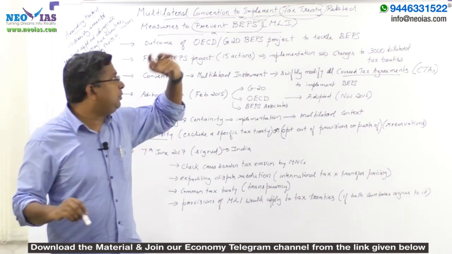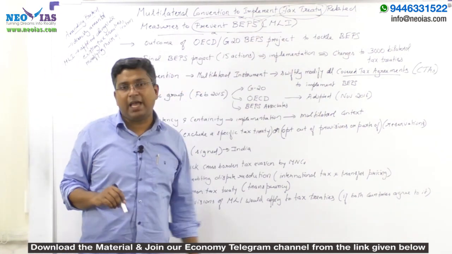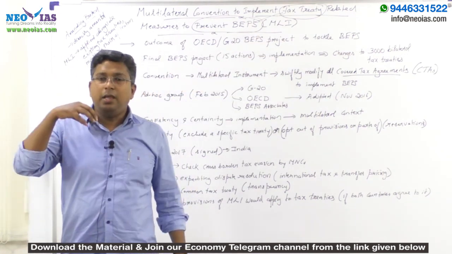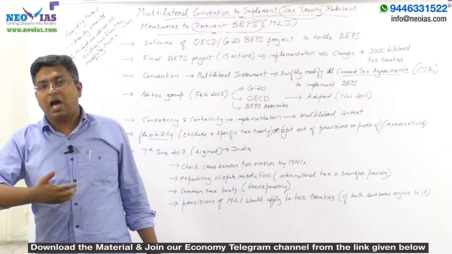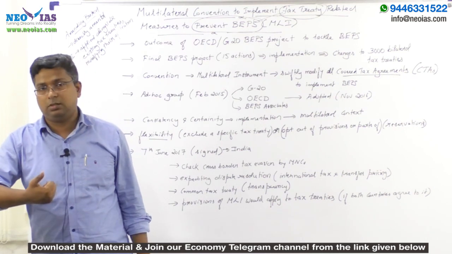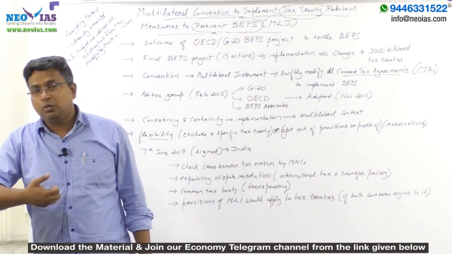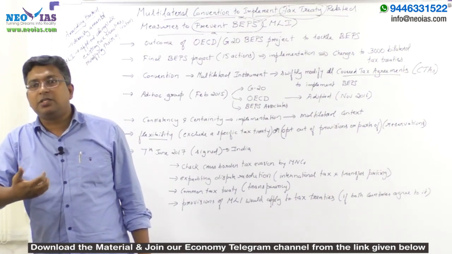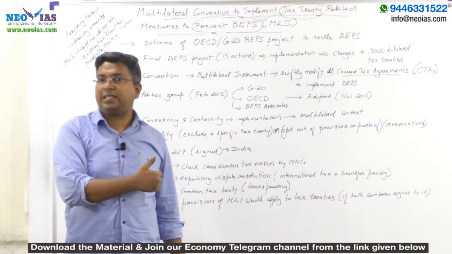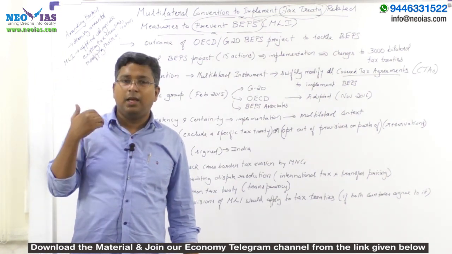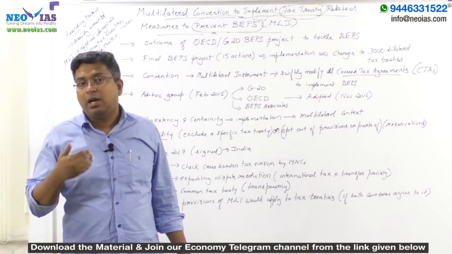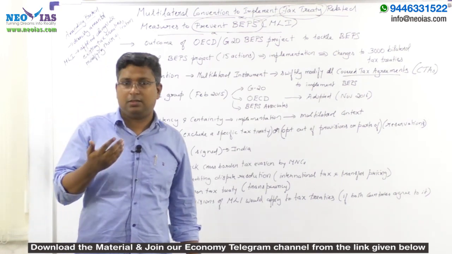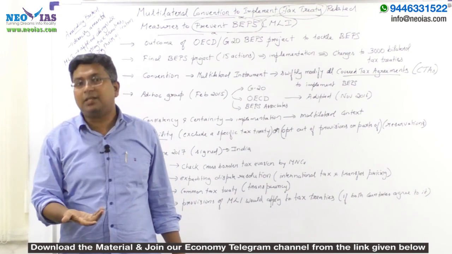How is base erosion and profit shifting related to tax treaties? Because most tax treaties have provisions for avoiding double taxation, multinational companies misuse them, where some tax treaties provide for residence based taxation instead of source based taxation.